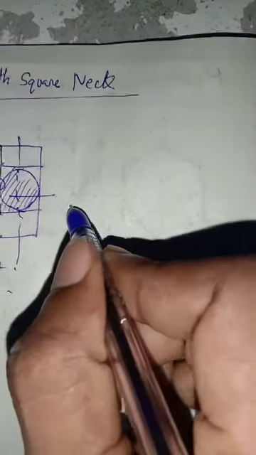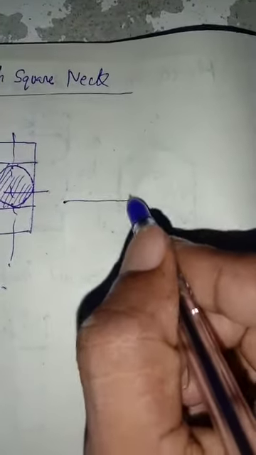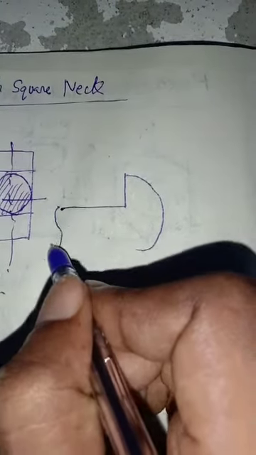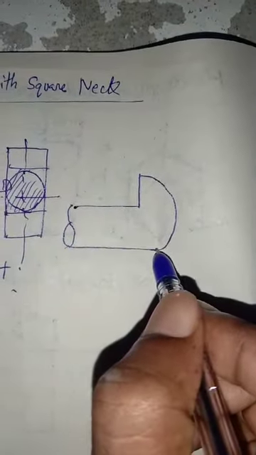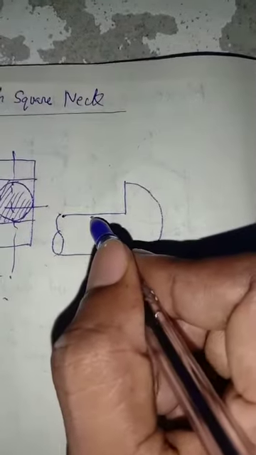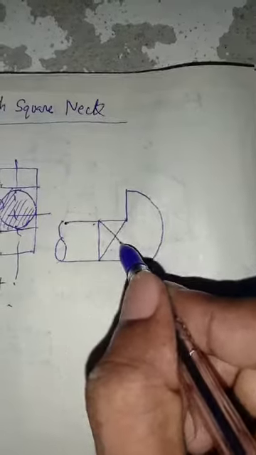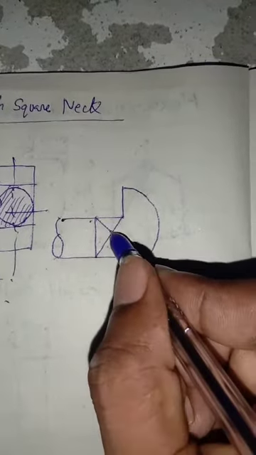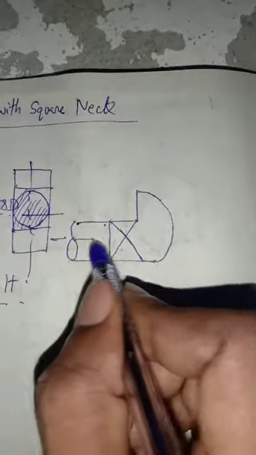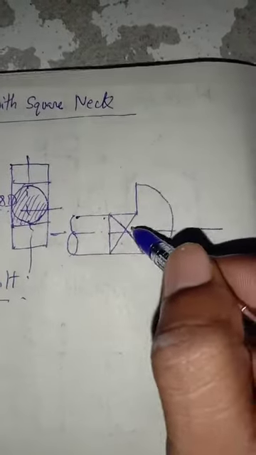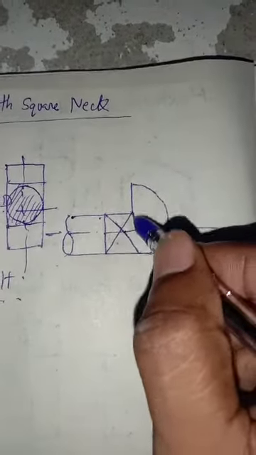And now see here another one. We are going to see another type of bolt. Then I draw like this. Okay, this is the point. Now this is the center. Okay, it will come like this.